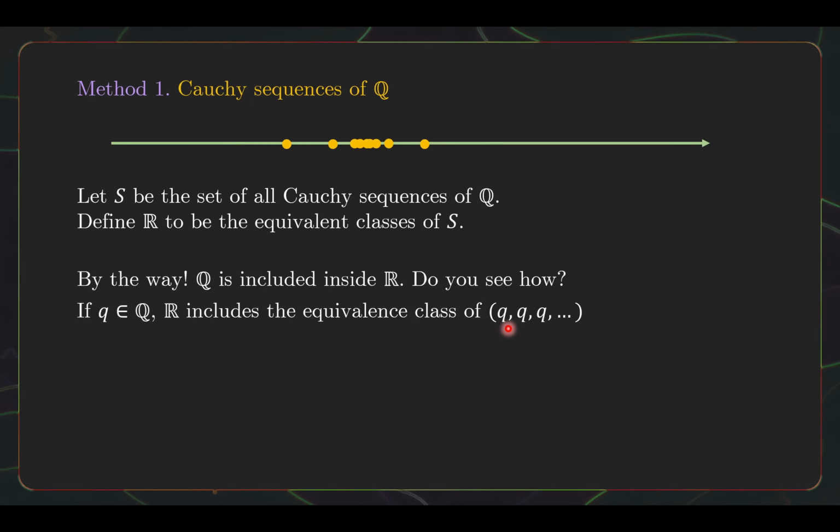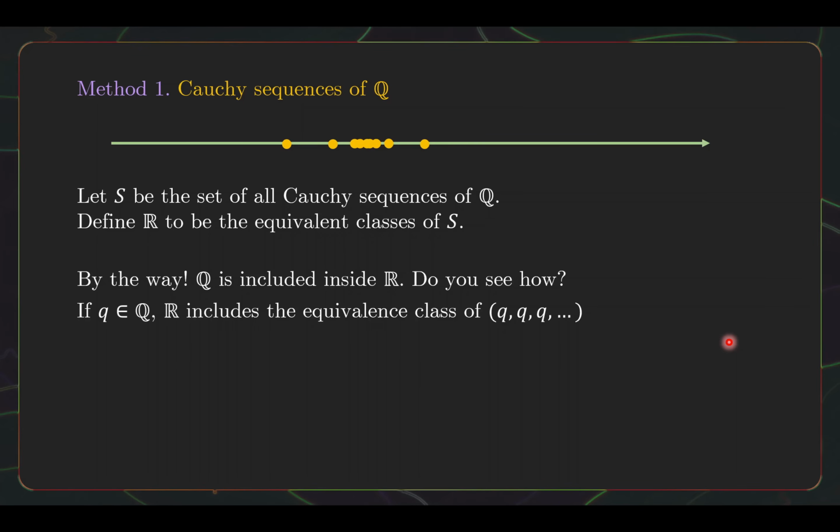And indeed, this is obviously Cauchy because the gap between terms gets arbitrarily close as you go along the sequence, because the differences are 0, right? So this is a Cauchy sequence. The equivalence class of this sequence is going to represent the real number q. Okay, so very nice. We now understand how the real numbers are constructed.